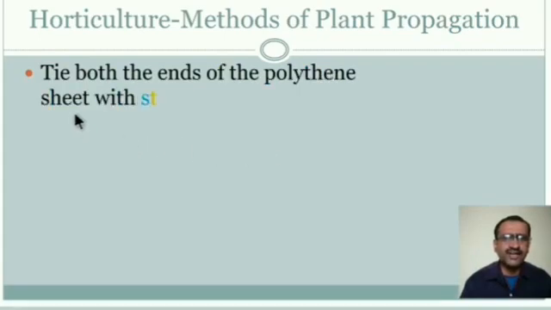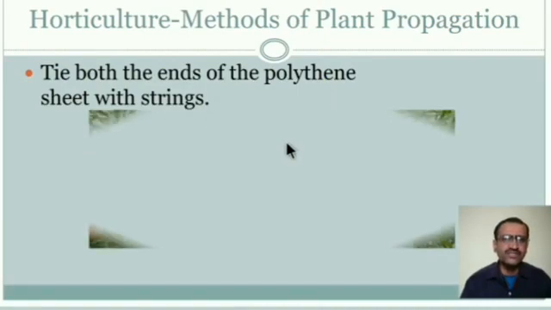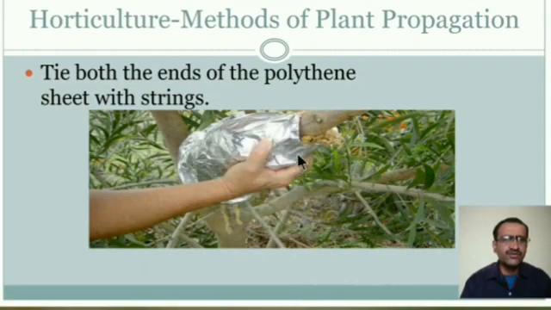After that, tie both ends of the polythene sheet with string, so that the polythene bag or sheet is tied with the string in this way. Okay, both sides are packed here, and after a few weeks roots can arise here. After 3 to 4 weeks, when we remove that polythene sheet, some root system arises here.